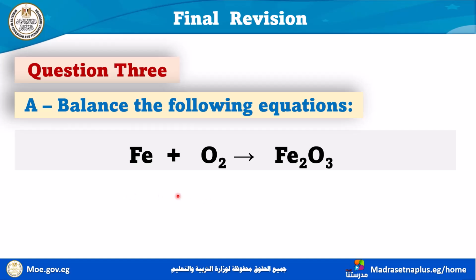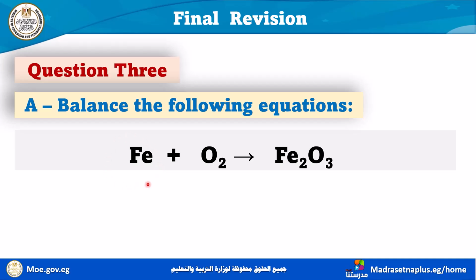So this is the combination reaction between iron and oxygen to give iron oxide. So let's balance this equation. In balancing an equation, we count each atom and be sure that each atom for each element has the same number before and after the reaction.